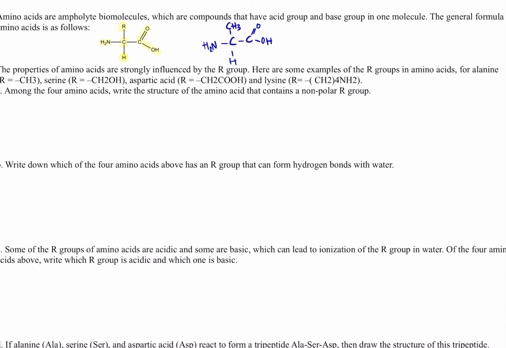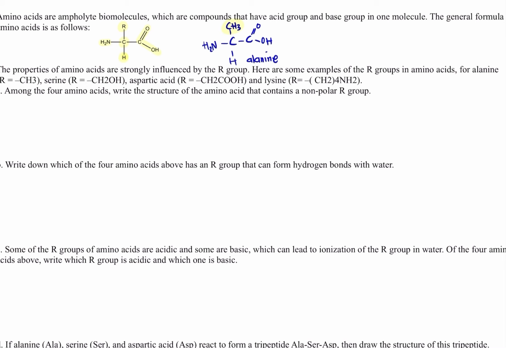So this one here is the structure of alanine. Now, the R group over here is the methyl group, which is nonpolar, CH3.